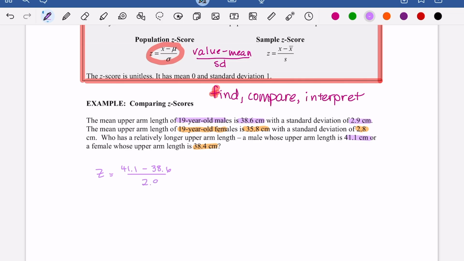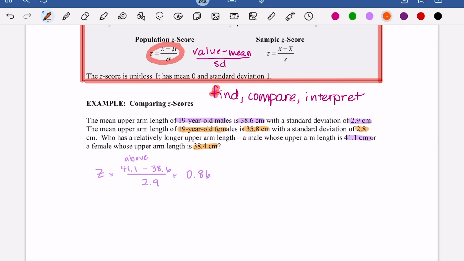Z-scores are typically rounded to 2 decimal places, so make sure you round appropriately. This is 86 hundredths of a standard deviation above the mean. We would expect this to be positive because it's above the mean, not below. So this individual has an arm length that is 86 hundredths of a standard deviation above the mean.